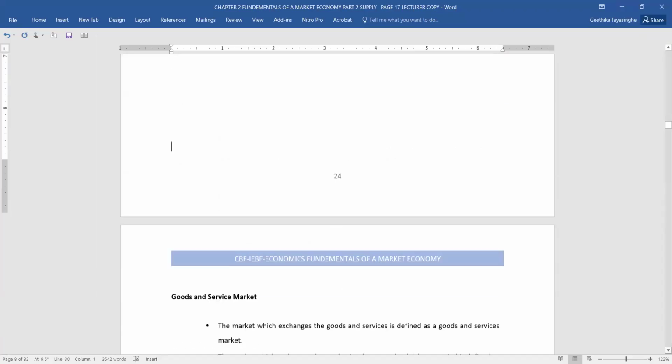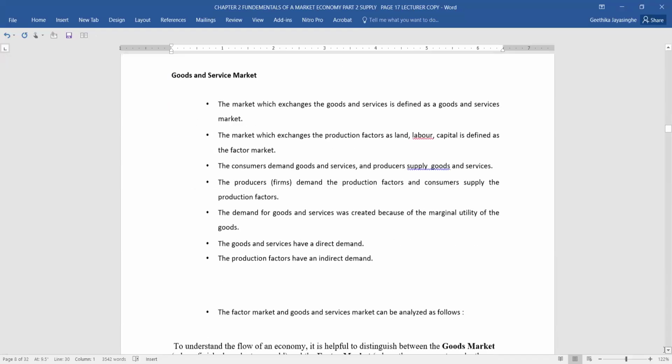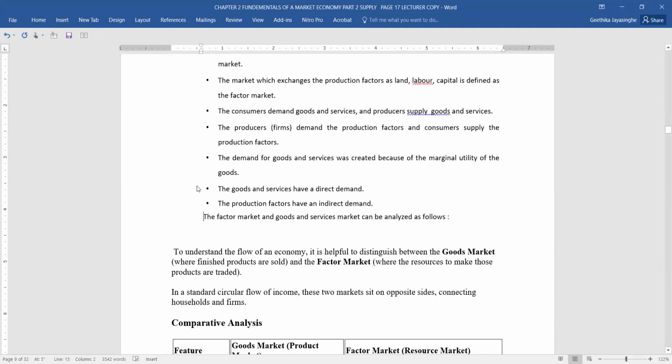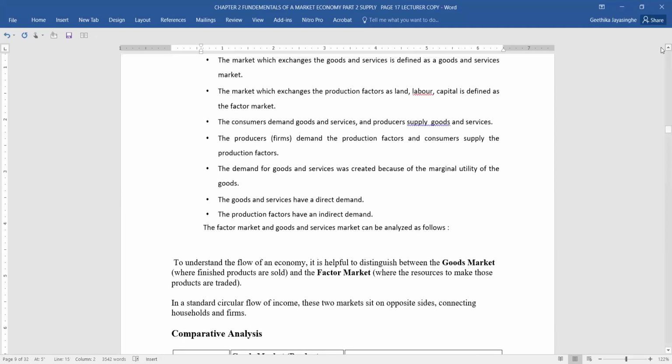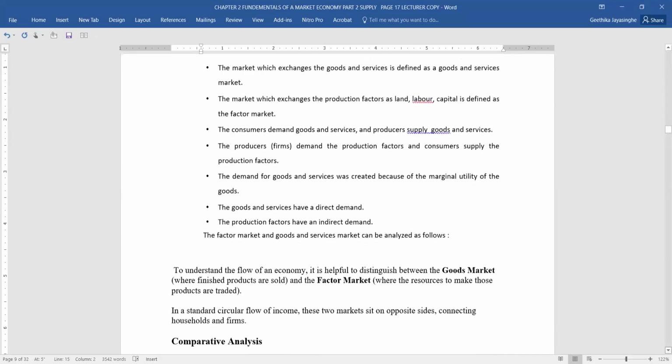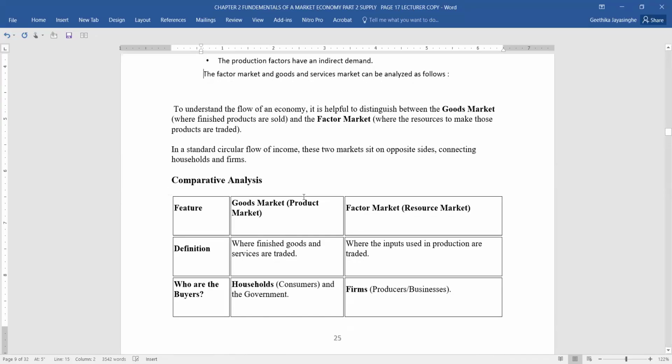In page 23, we talk about the goods and services market, and also the factor market. I will explain from this.